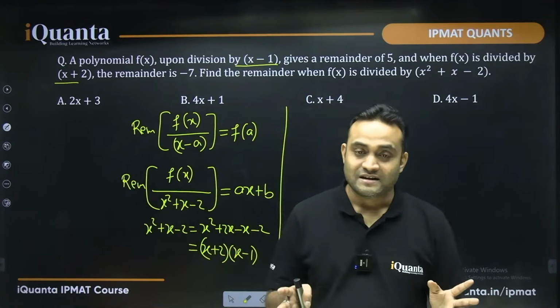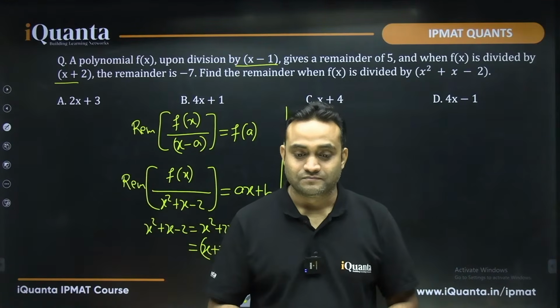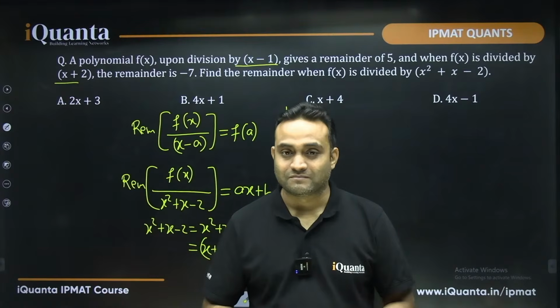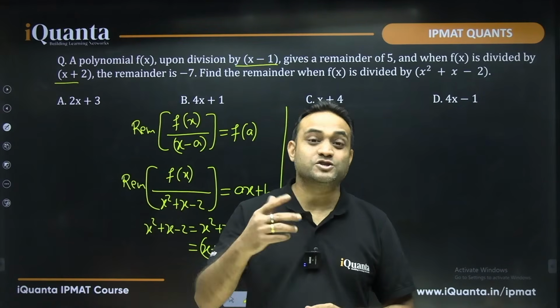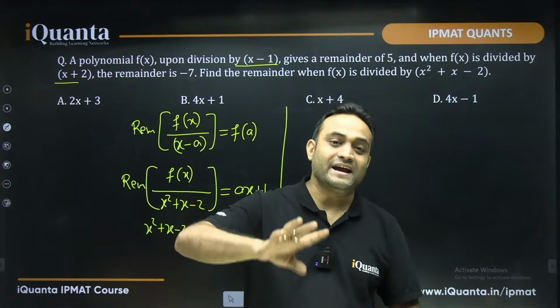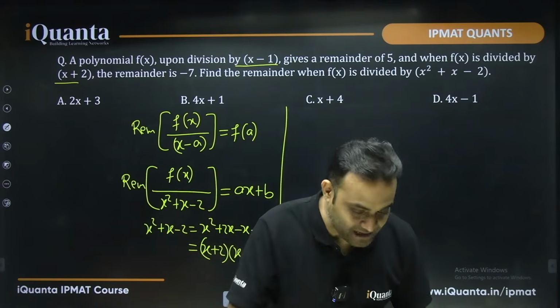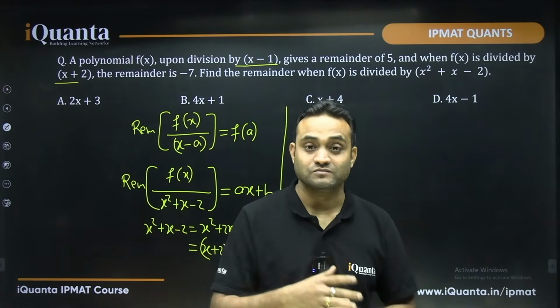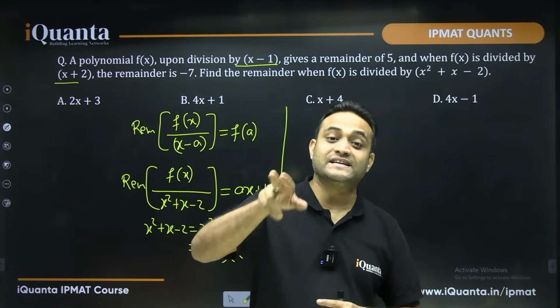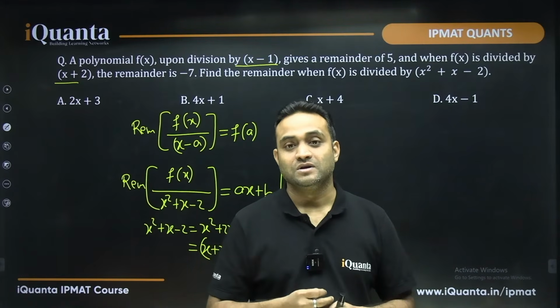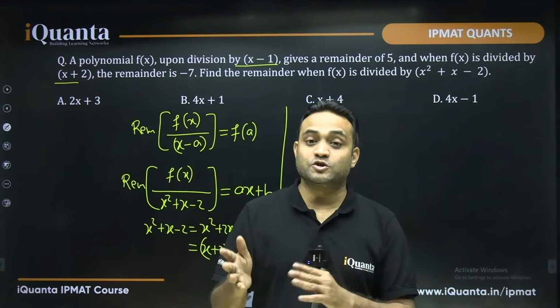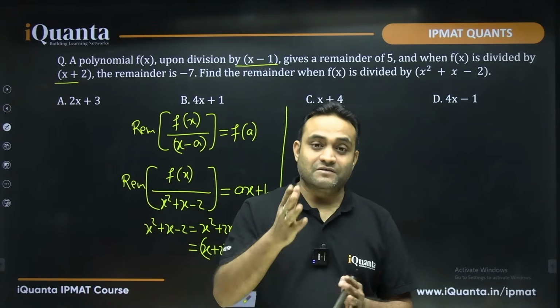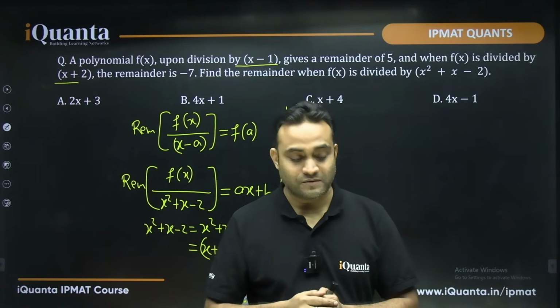So what happens? Suppose I divide 27 by 15, the remainder is 12. If I divide that remainder by 5, the remainder is 2, which is the same as when 27 is divided by 5, that is 2. Then 15 is 5 into 3. 27 when divided by 15, remainder is 12.